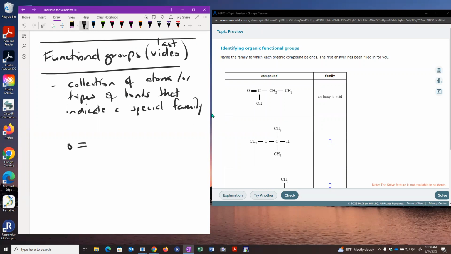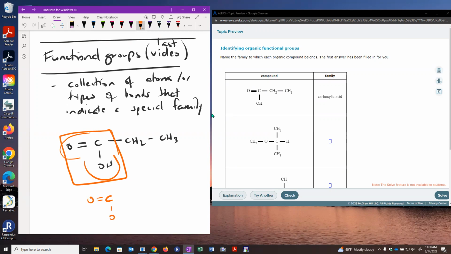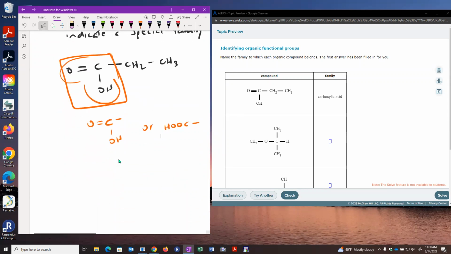So this first one here, we have a C, double bond O, OH, CH2, and a CH3, right? So right away, we can see this looks different. And then also this looks different down here, right? So all of these would count as one functional group. That's the COOH functional group, or sometimes it's written as HOOC. I just did it backwards, but it's the same way, like this. That's the carboxylic acid functional group.